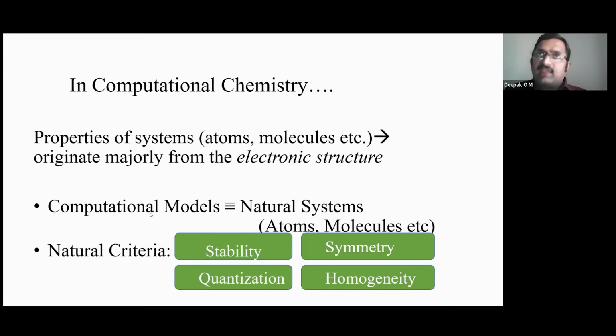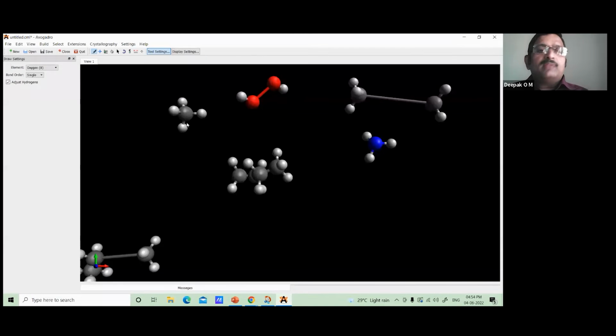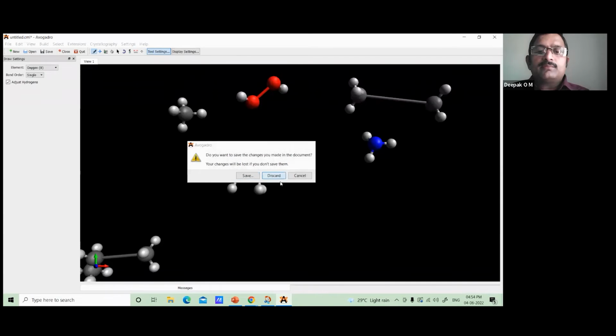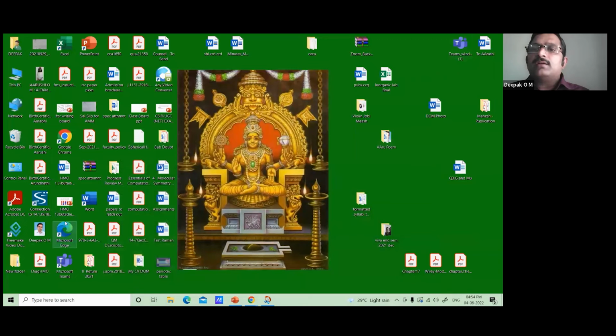On the computer screen, you will see the methane molecule. Don't mistake it for only a picture. It's never a picture. I can show you one representation here.